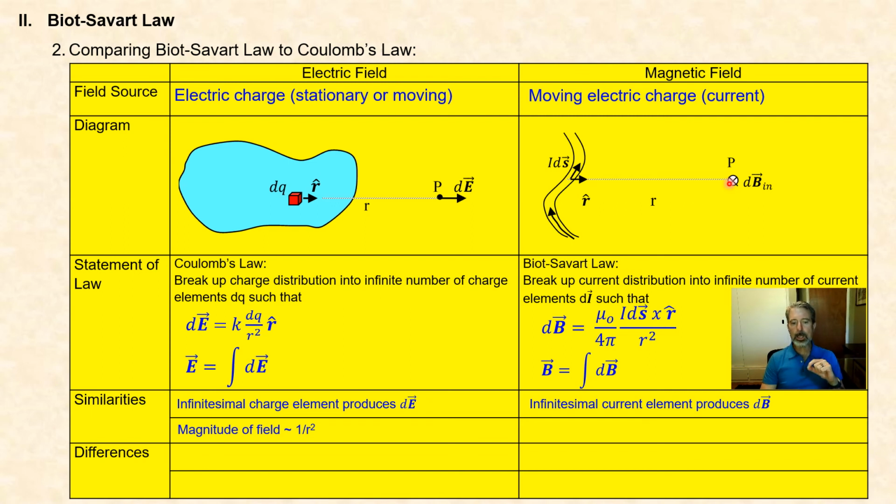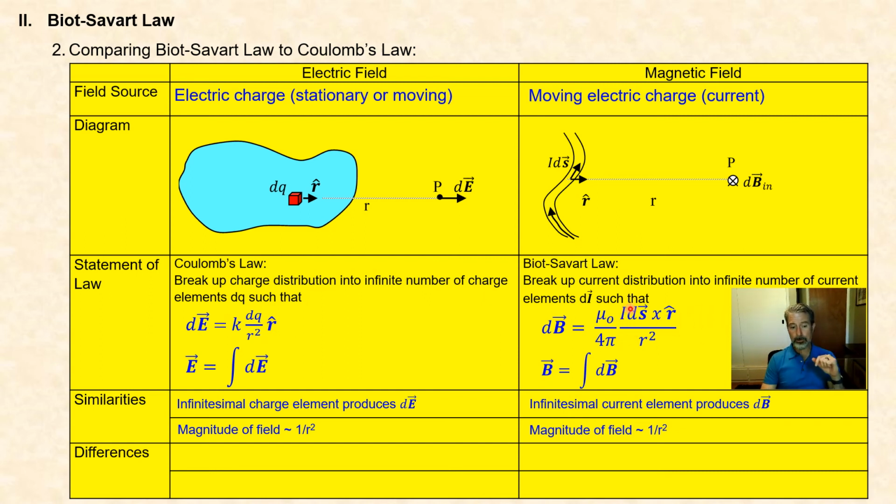We also notice that the magnitude of the field is inversely proportional to r squared. We have an inverse square law. That applies to the case of the electric field. It also applies to the case of the magnetic field. Notice the 1 over r squared dependence in both of these laws.